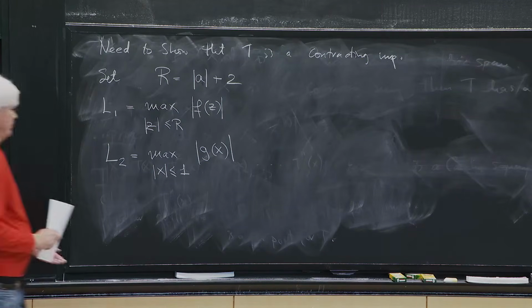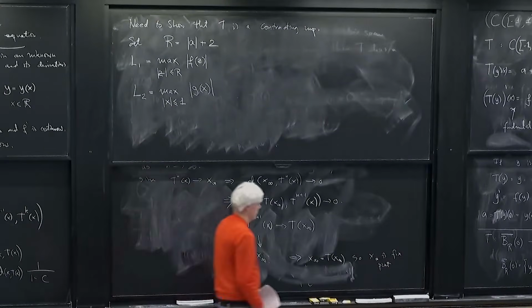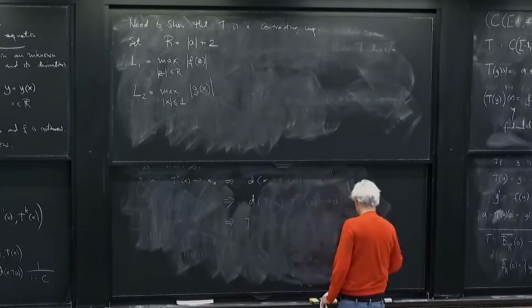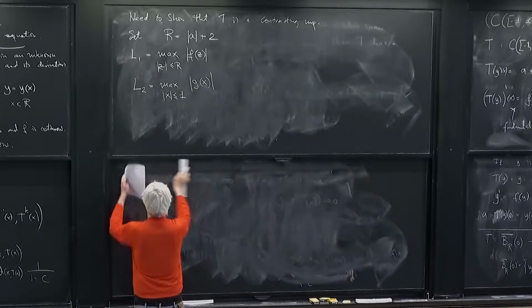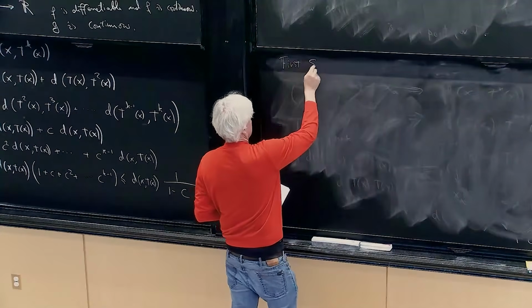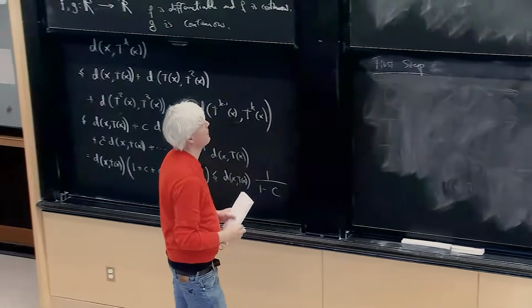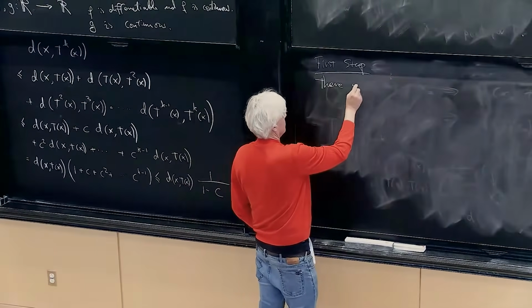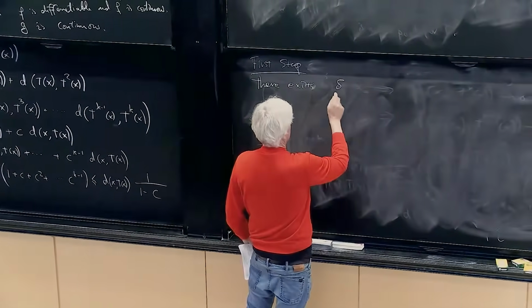And now, what I want to do, the first step in the proof, is to prove the following: that there exists delta 0.